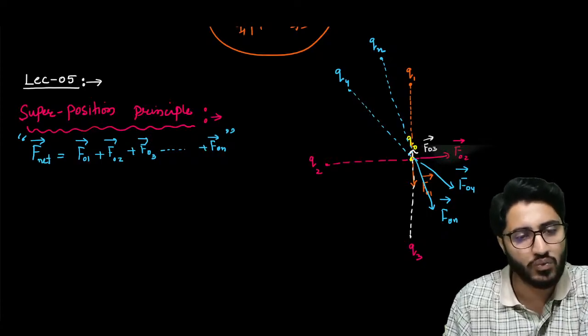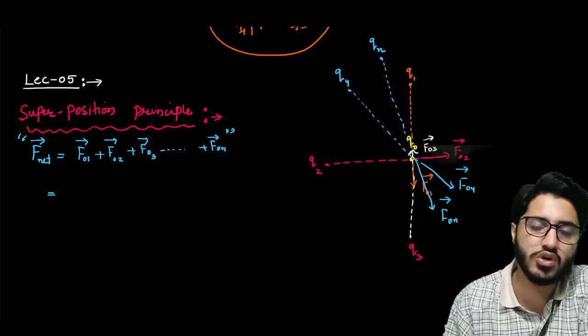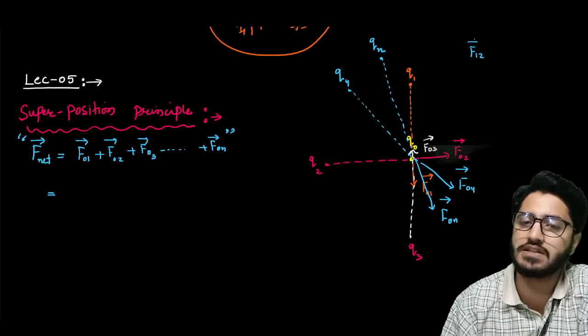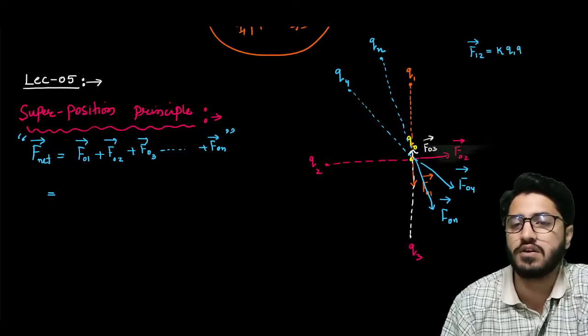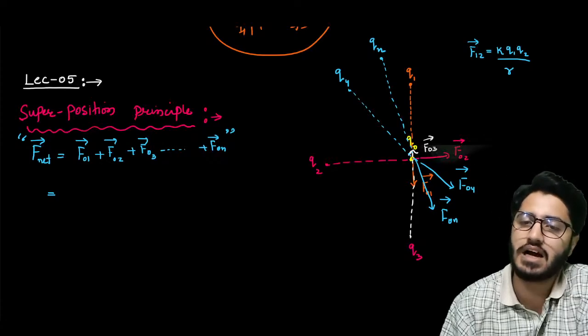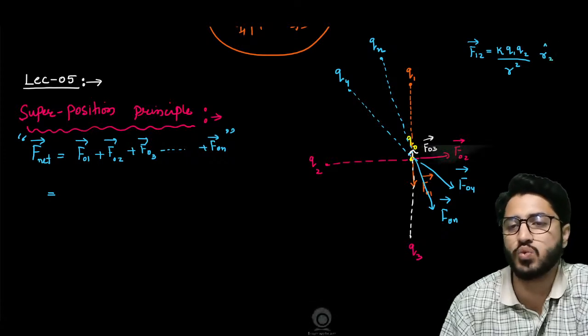Look, what is force on 0 due to 1? Let me write F on 1 due to 2. In the previous class, we discussed it. It was equal to K Q1 Q2 whole divided by R square, then R vector, R 2 to 1.